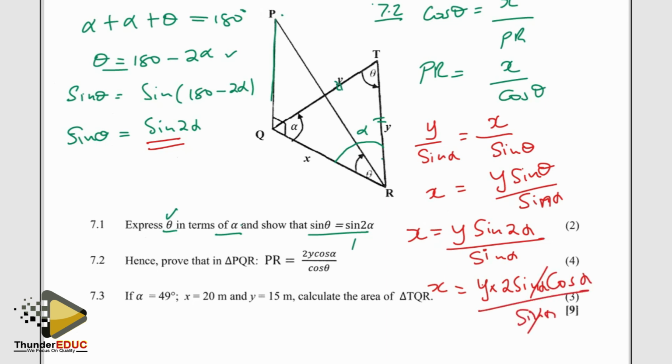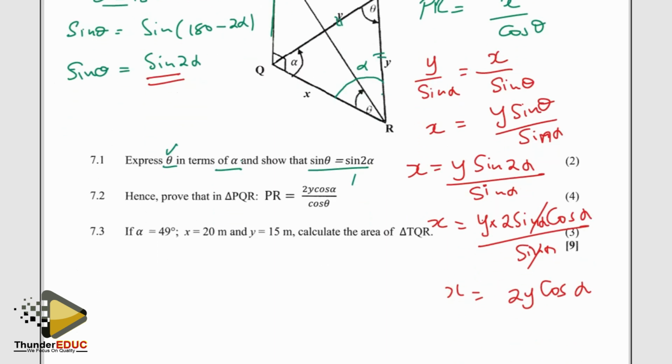So this cancels that, which means my X is 2Y cos alpha. And then just substitute that on top where there is X, so in the PR. So PR is going to be 2Y cos alpha divided by the cos theta. I think that's what they have.